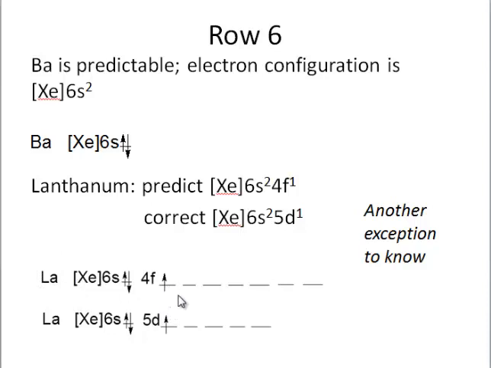Notice that there are 1, 2, 3, 4, 5, 6, 7 orbitals in an f subshell. l equals 3. There are 7 values of m sub l. But the correct diagram doesn't have that electron in 4f, but instead in the 5d subshell.